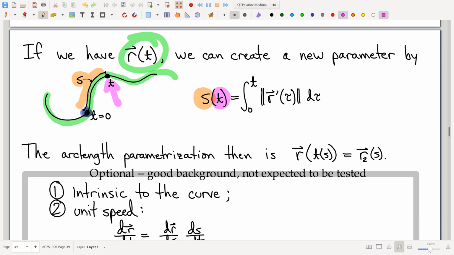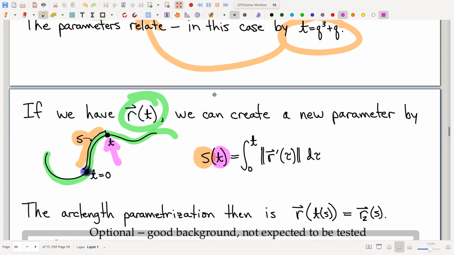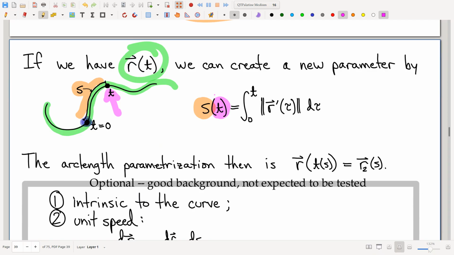And so again, just like in this case, I've got an algebraic relationship, plug it in. That's all it is. Now, to be fair, here I will have s as a function of t. I'm going to need t as a function of s to plug it in. So you do have to invert that function. That's a little annoying, it's a bother, but that's just algebra. Now, why would we care about such a thing?